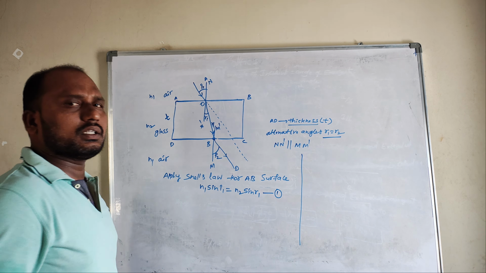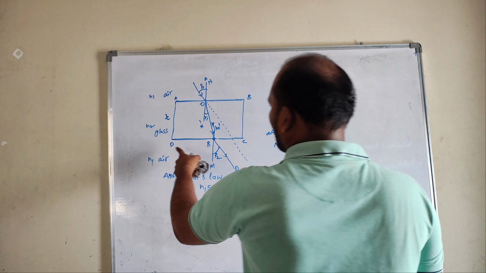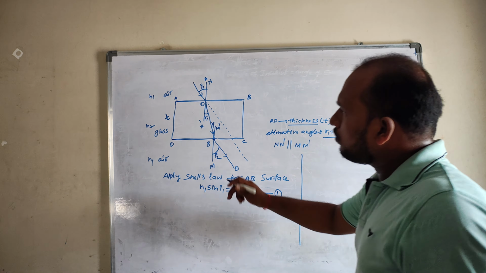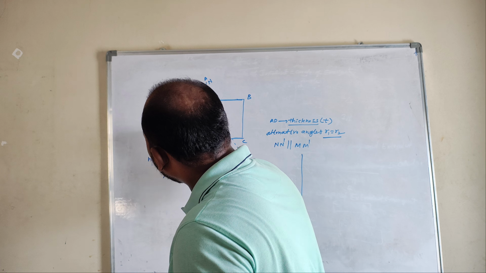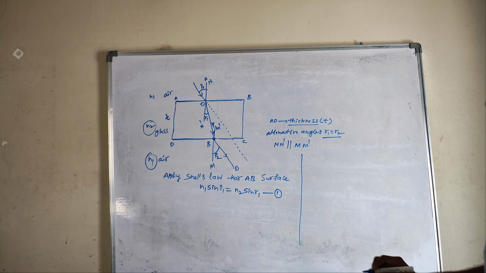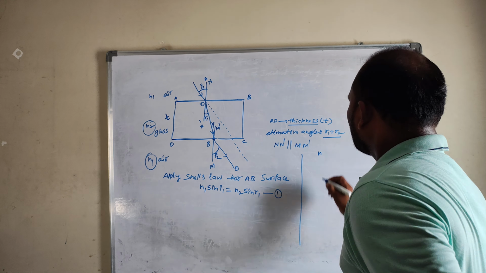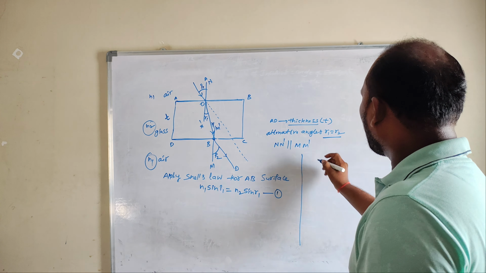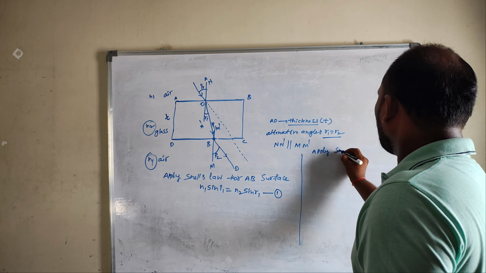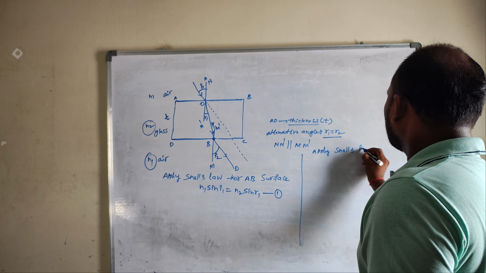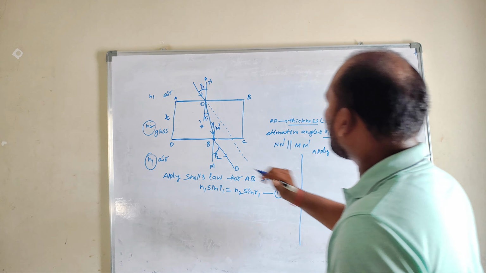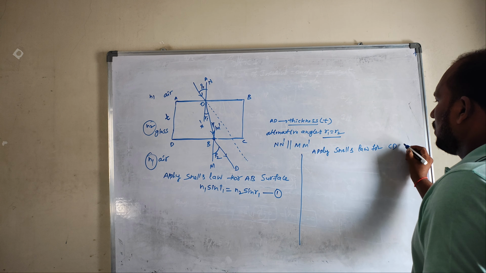Now I am implementing Snell's law for the CD surface. So let's see, guys, here now this becomes medium 1, this becomes medium 2. So now I am applying Snell's law for the CD surface.